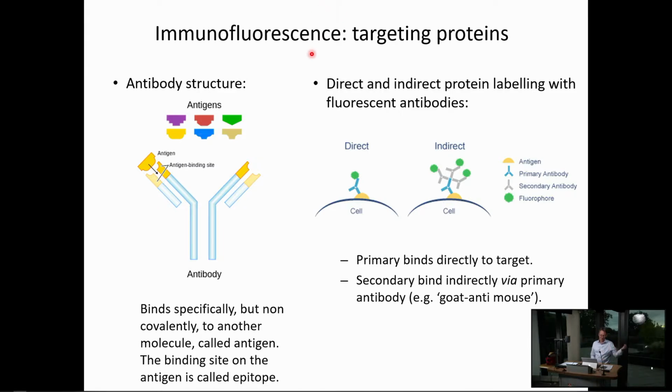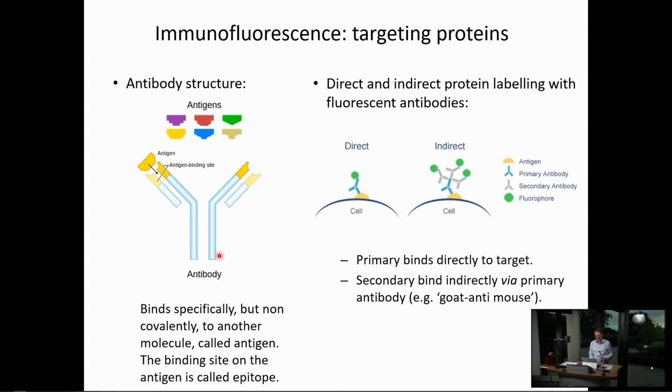So going back to the previous example, you want the antigen to be protein A, and you want to design an antibody that only binds to protein A, but not the other proteins that are inside the body. So the antibody binds specifically, but not covalently, to another molecule, and this other molecule is called the antigen.